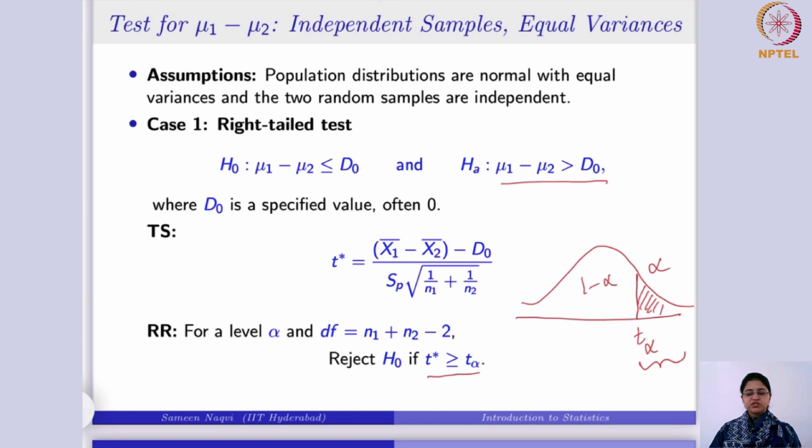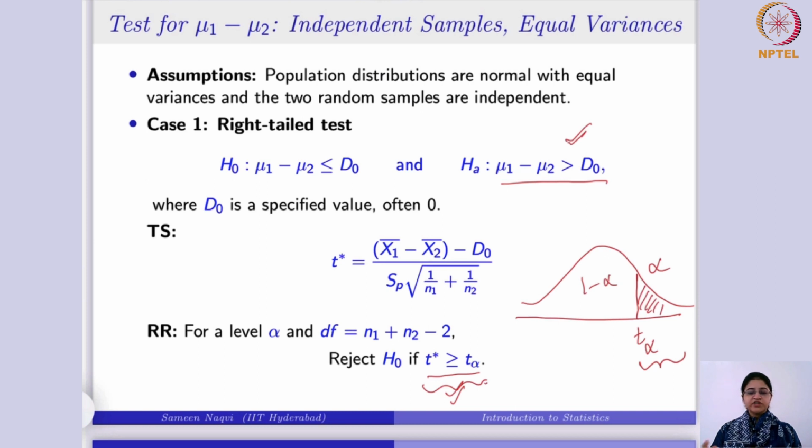Obviously, why this sign is coming, you can see intuitively also that it is aligned with the right tail test direction, the direction of the alternative. The reason is that you are going to reject if t star is greater than t alpha. So obviously you are rejecting, it means that it is aligning with the alternative. It is something in parallel with the alternative. That is why you would be rejecting it.